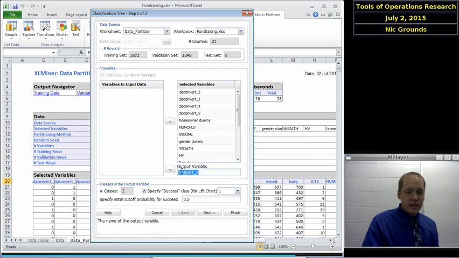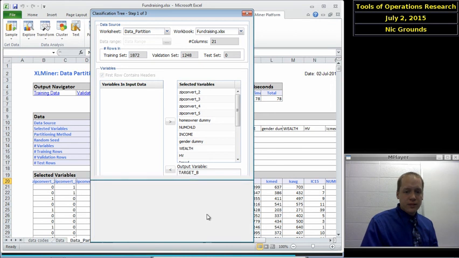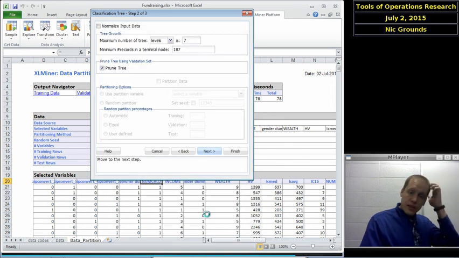So target B, which was a bad name for the field, but something that was already there, is whether or not they donate. And again, there's two classes, donors and non-donors. And for the lift chart, I'm interested in saying how well do we do at predicting the donors, the people who are 1 for target B. So I'll say next. We're given the option to normalize the data.